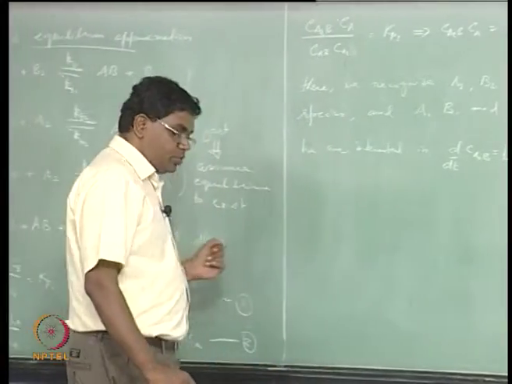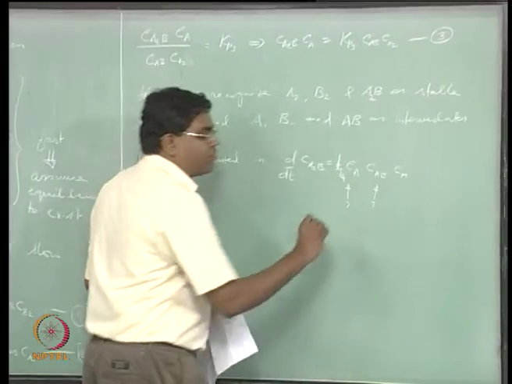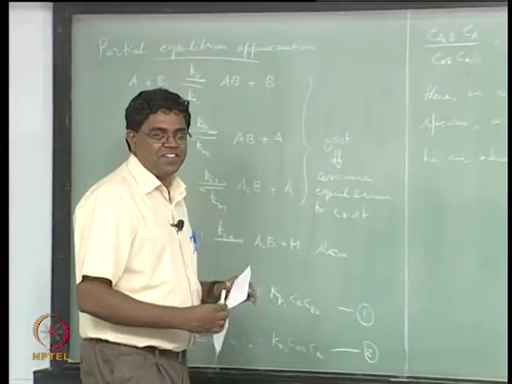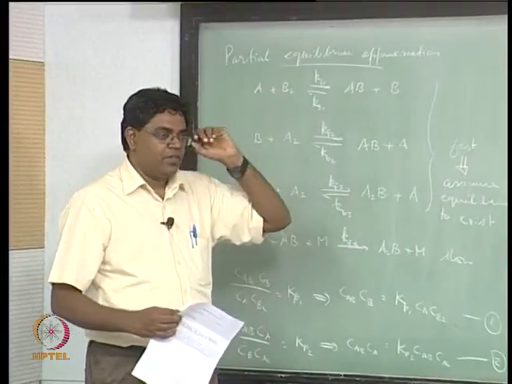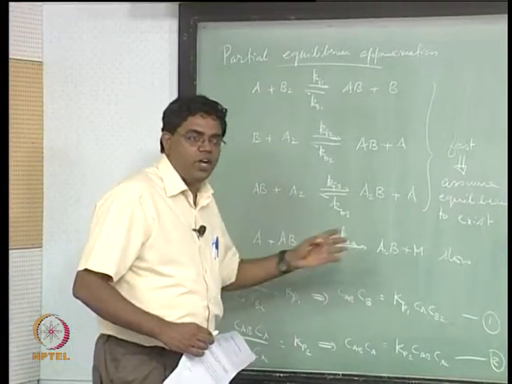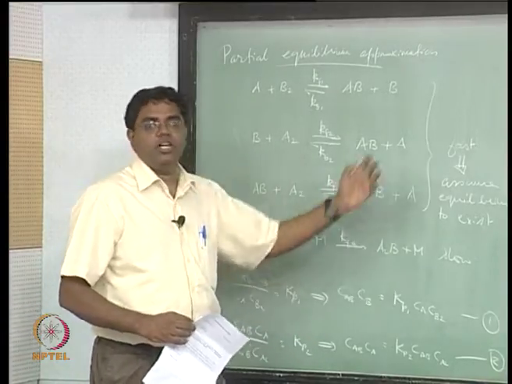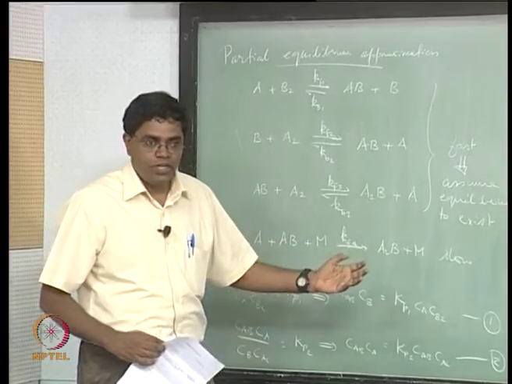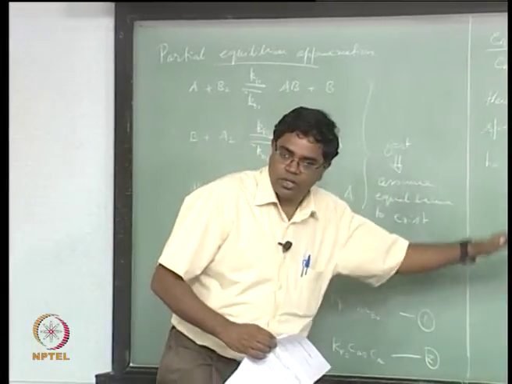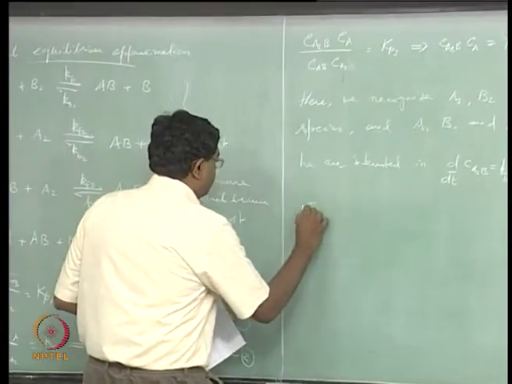That is what we want to do. Having said that, we are interested only in these two, we are not really interested in concentration of B because that is not part of the final answer. So is it possible for us to eliminate concentration of B in these equations and look for only expressions for concentrations of A and AB in terms of A2, B2 and A2B is the rigmarole that we have to go through.